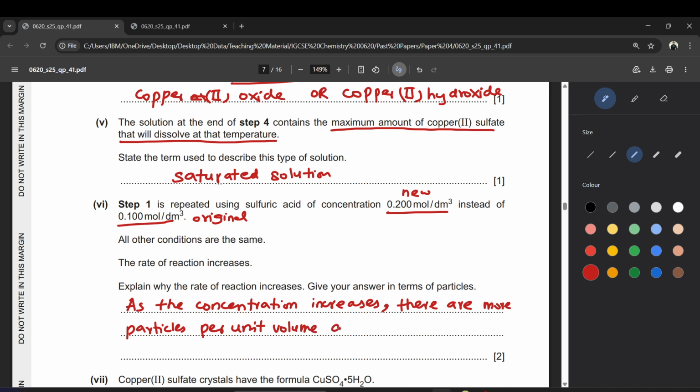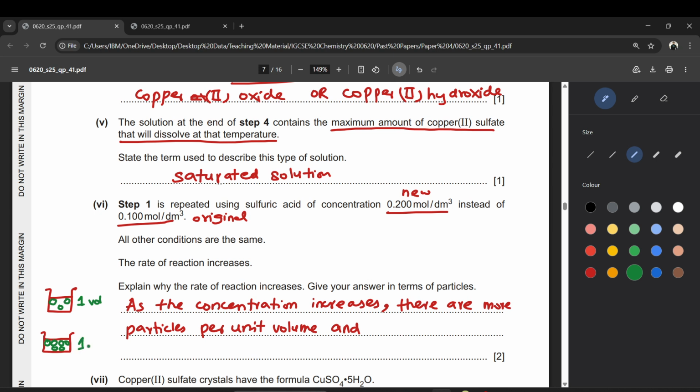Let me explain this part first. Let's say that this was the initial case, and over here, these were my acid particles. This is one volume. But now that I have increased my concentration, that basically means that within this one volume, now I have double the particles, right?